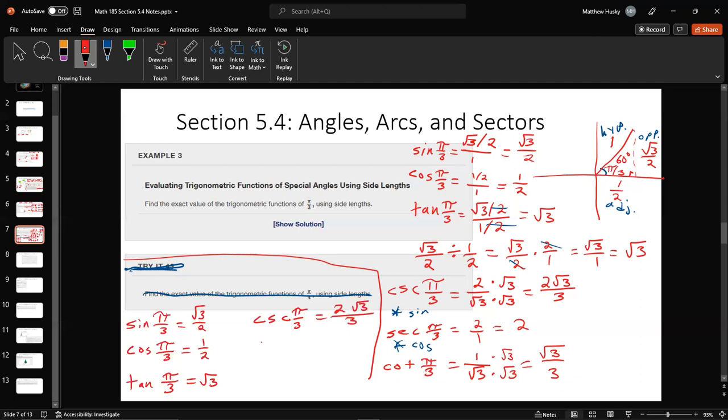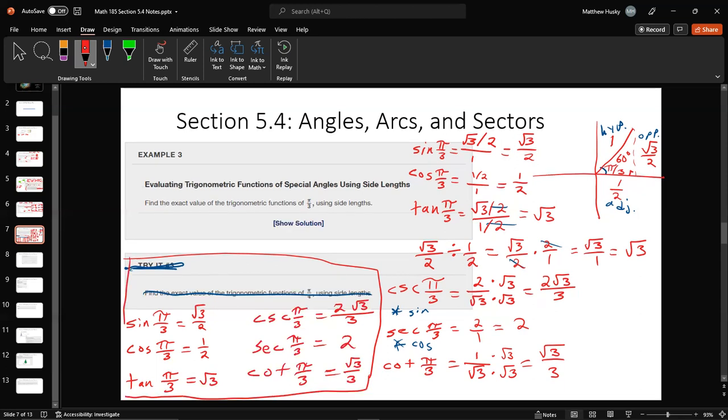And secant of pi over 3 is the number 2. And then cotangent of pi over 3 is root 3 over 3. So there you have it. All of that. That's all 6 trig functions of that angle.